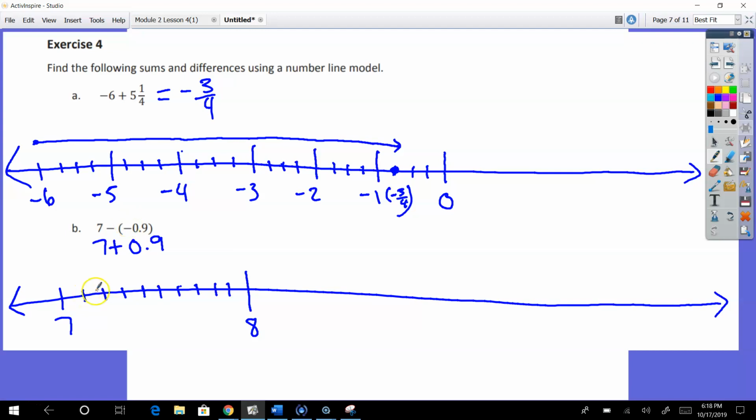So this would be 1/10, 2/10, 3/10, 4/10, 5/10, 6/10, 7/10, 8/10, 9/10, and then 10/10 would be our next whole. So we're going from 7, and then we're going to the right 9/10. And so 7 plus 9/10 equals 7.9.